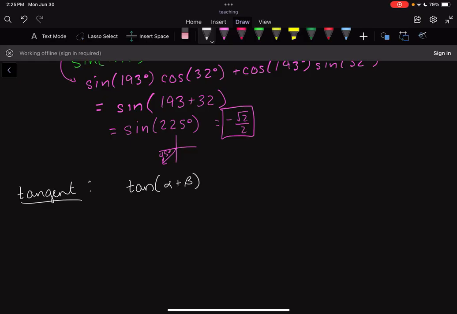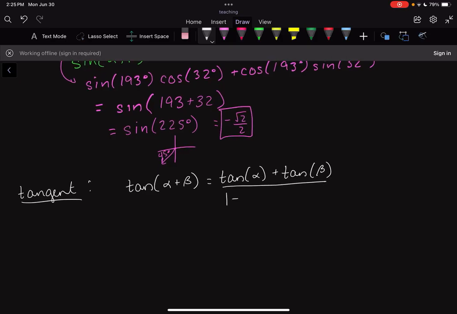So tangent of alpha plus beta is equal to tangent alpha plus tangent beta divided by 1 minus tangent alpha times tangent beta.